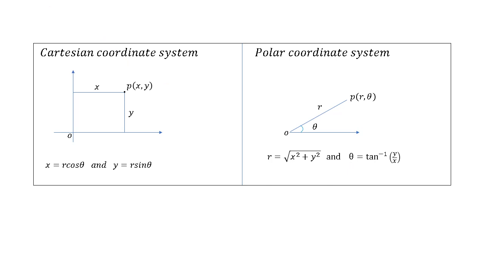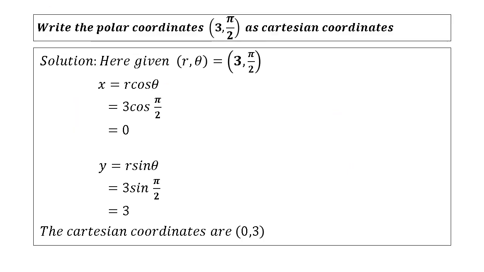Write the polar coordinates 3 comma pi by 2 as Cartesian coordinates, or convert the polar coordinates into Cartesian coordinates. Here we have to convert polar coordinates r comma theta, where r is 3 and theta is pi by 2, to Cartesian coordinates x comma y.